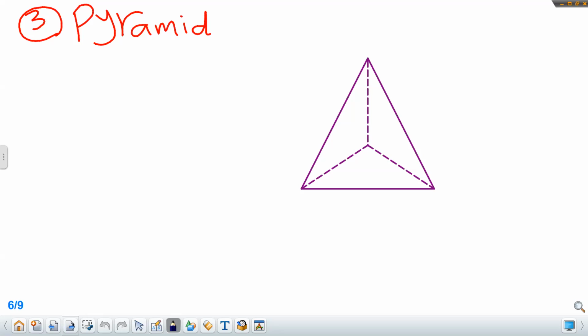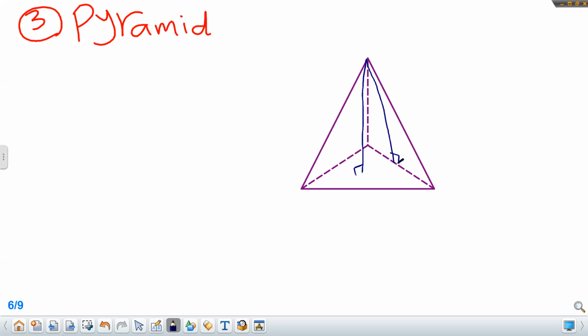Lateral area of the pyramid was half perimeter of its base times slant height. What about slant height? And what's the difference between slant height and the height? Okay, you have two types of height. Slant height is the height of one of the lateral faces, but the height of the pyramid is perpendicular to the geometric center of the base.